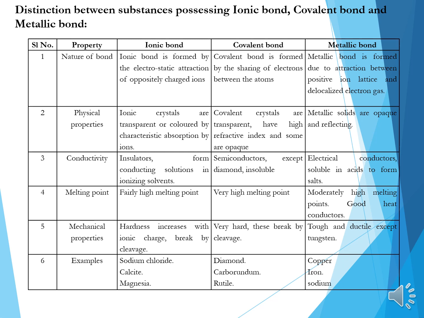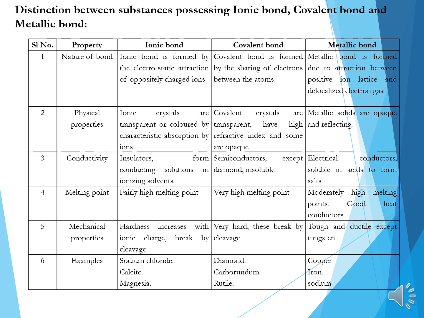Ionic bond is formed by the electrostatic attraction of oppositely charged ions, as we have seen in sodium and chlorine. Covalent bond is formed by sharing of electrons between the atoms, as we see in semiconductors. Metallic bonds are formed due to the attraction between the positive ion lattice and delocalized electron gas.